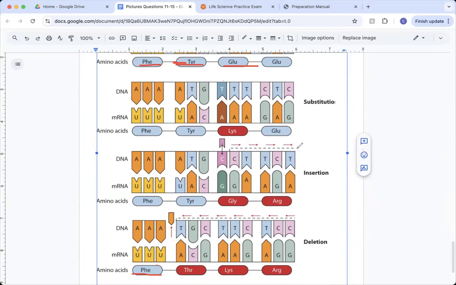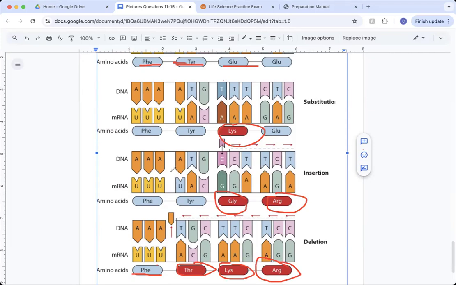So substitution, it's not a great mutation. Obviously, it still changes something, but it only changes one amino acid here. However, with insertions and deletions, everything after that insertion or deletion gets changed.